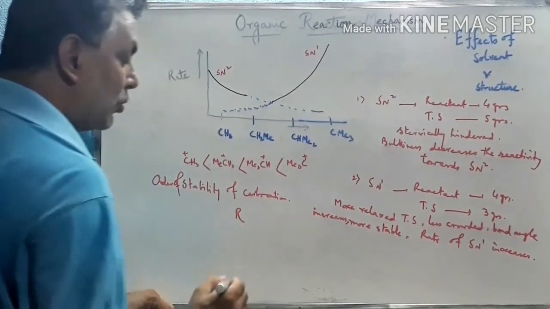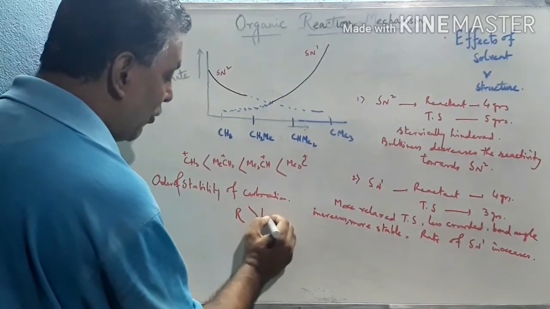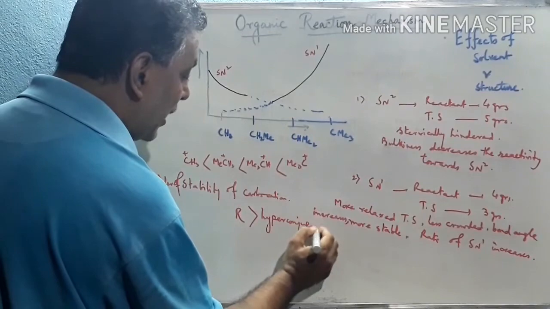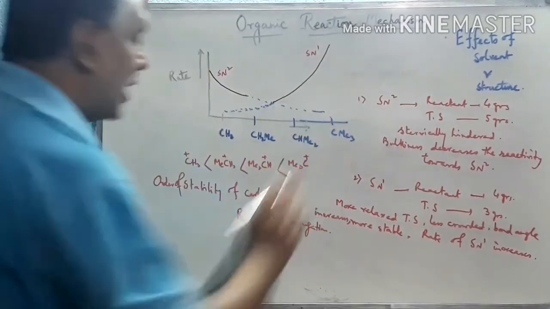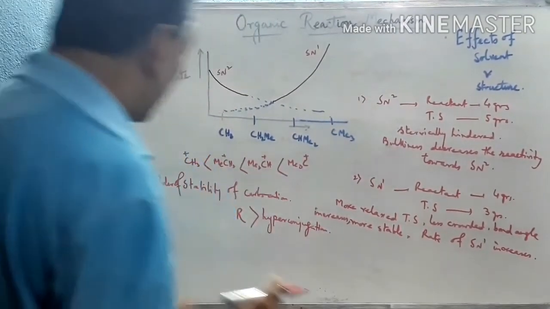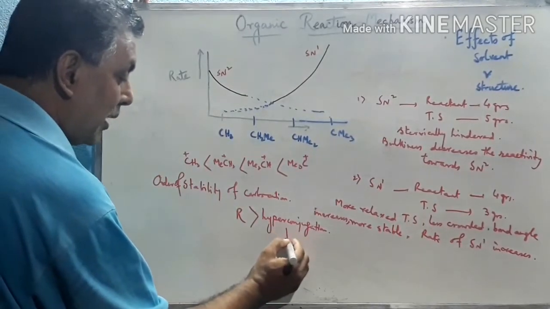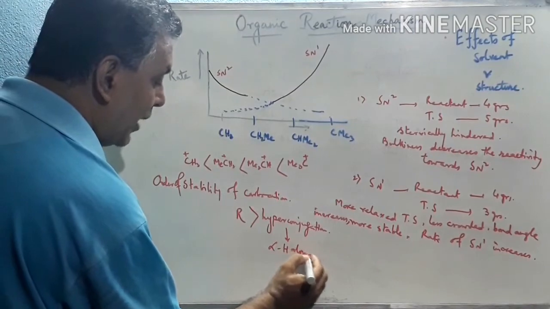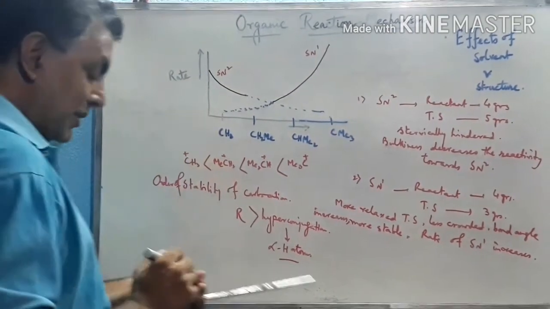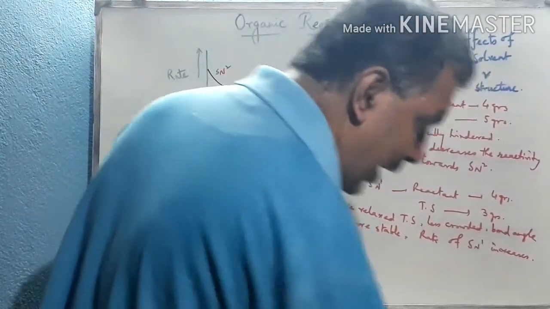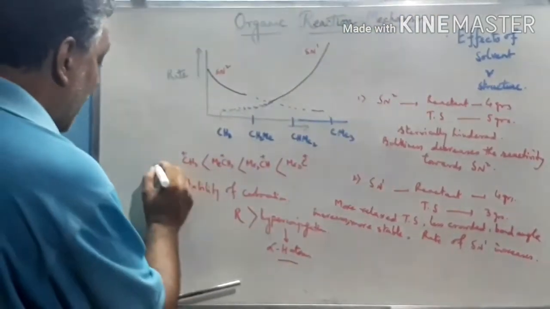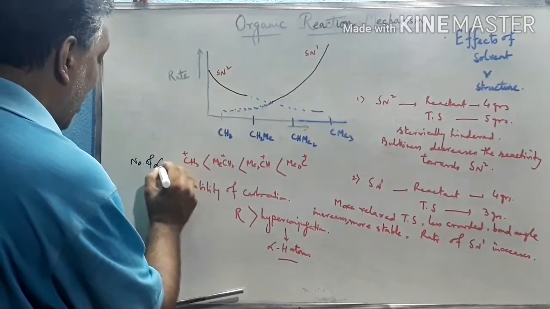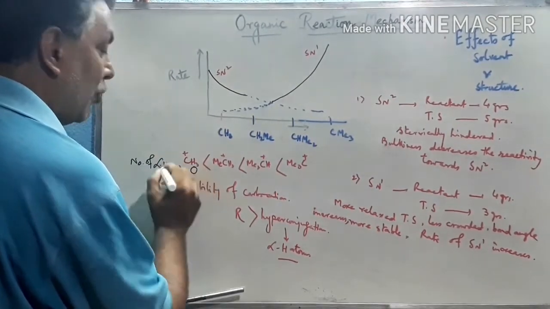Number 1, the resonance, and then hyperconjugation. Resonance doesn't occur in such carbocations, but hyperconjugation occurs, and this depends on the number of alpha hydrogen atoms. See this, in case of CH3, there is no alpha hydrogen atom, so the number of alpha hydrogens is 0 here.